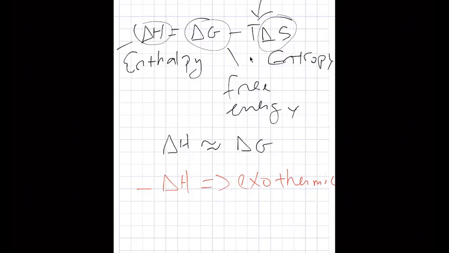If delta H is negative, then it also indicates that delta G, or the Gibbs free energy, is also what? Negative, right? So it's exothermic and delta H is negative, delta G is negative.